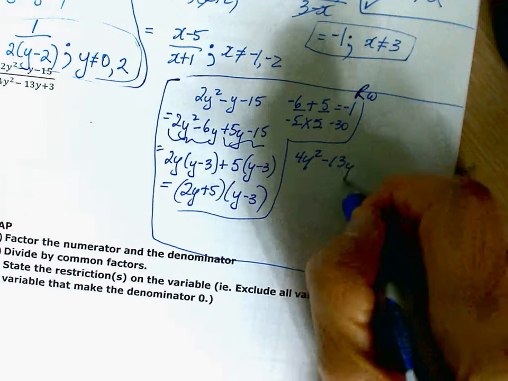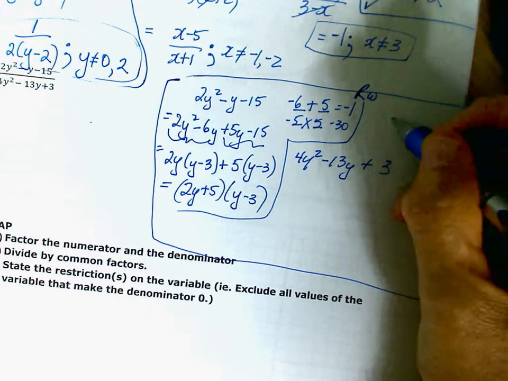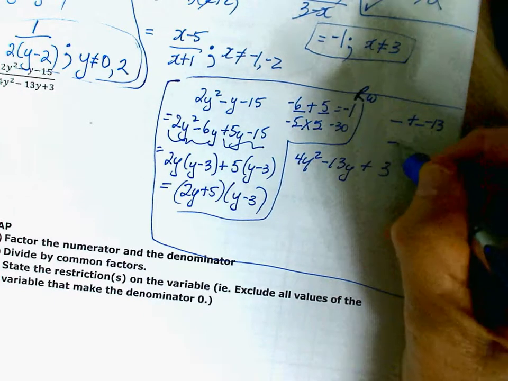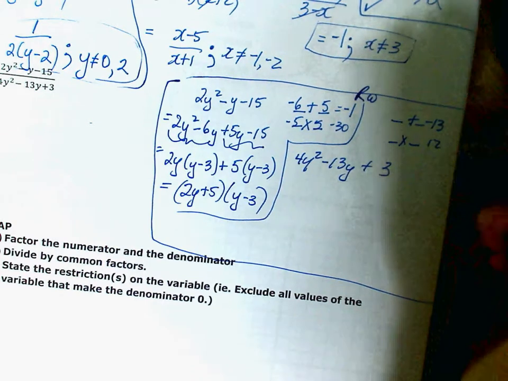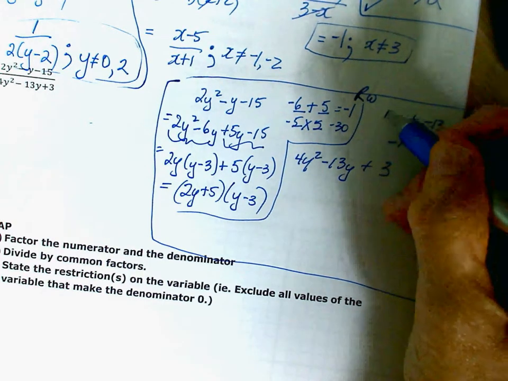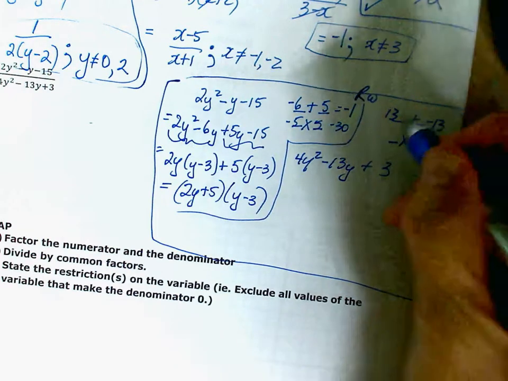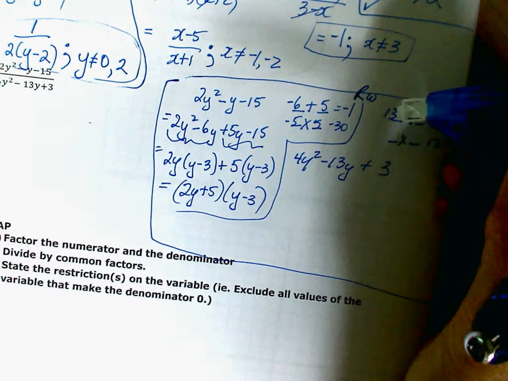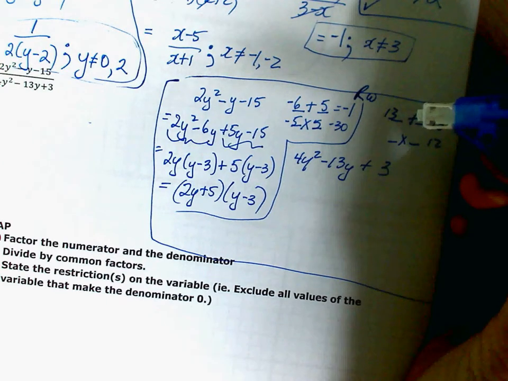So we need two numbers that add together to give negative 13, and multiply together to give 12. It's not going to be 13. Minus 1, minus 12.